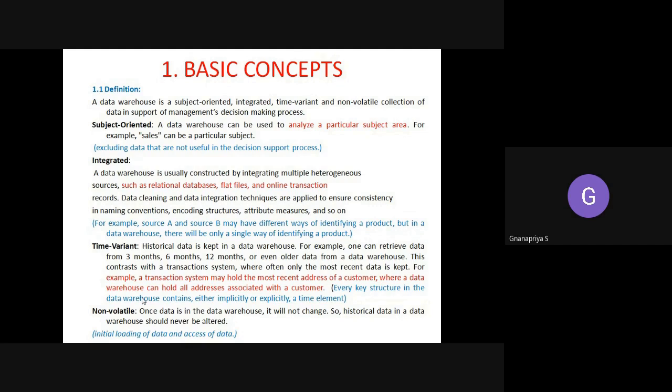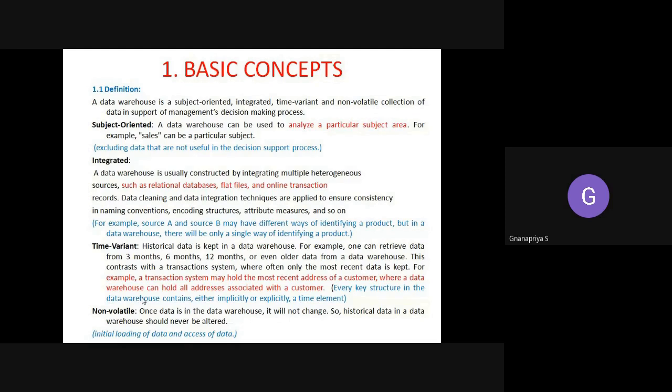For every transaction, the server gets updated. Whereas warehouse is used for business analysis. It holds a huge volume of data related to a particular organization, or data from multiple sources of organizations can be stored in a warehouse, and it is generally used for analysis purposes.